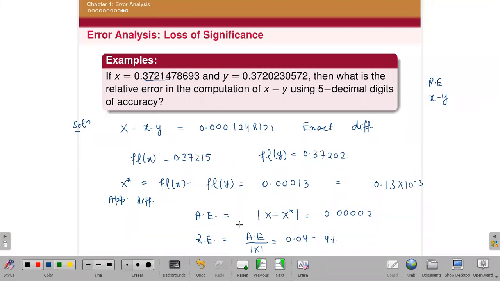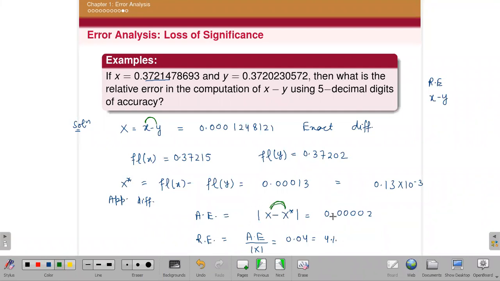Here, because of the loss of significance, you can see I have subtracted two nearly equal numbers here, and then I have subtracted two nearly equal numbers here also.